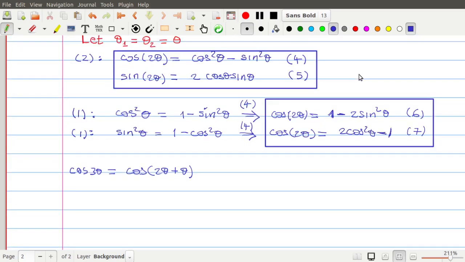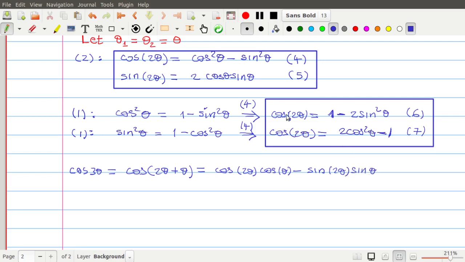So what is that? This will be cosine 2 theta cosine theta minus sine 2 theta sine theta.